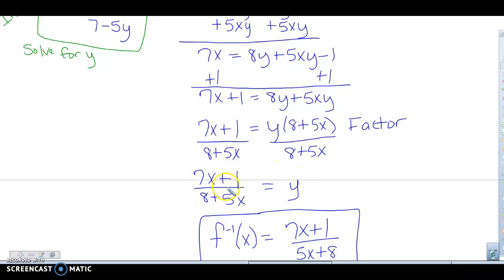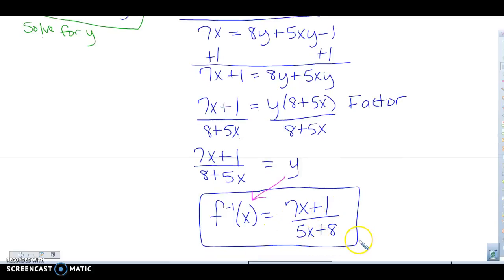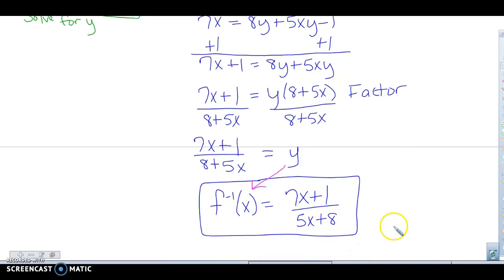So y equals this, which is what I was trying to get to, solving for y, and now I can replace the letter y with the inverse notation. So f inverse of x is equivalent to 7x plus 1 divided by 5x plus 8. And that is how we find the inverse equation.